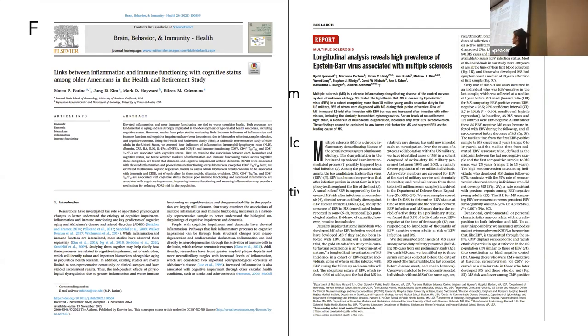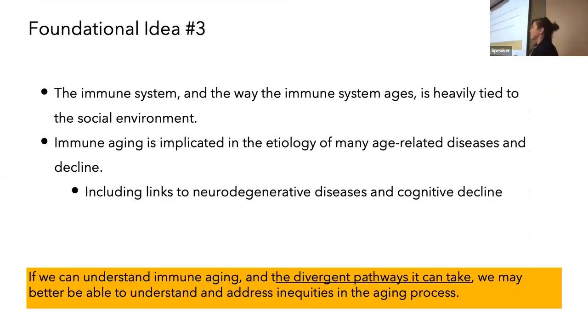I'm going to talk about where viruses fit into this story. But the immune system really matters for understanding aging-related processes largely. So the idea here is that if we can understand immune aging and the divergent pathways it can take across a life course, we may be able to better understand and address inequities in the aging process.